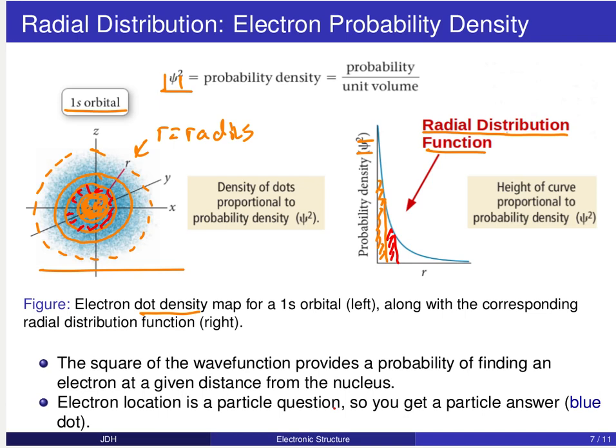So when we're looking at this probability density, notice that this function here, as I said, is exponentially decaying. But one of the characteristics of this exponential decay is that the function itself asymptotically approaches zero. If you remember back to your math classes, what that means is that this radial distribution function, this probability density, is getting closer and closer to zero, but it's never quite zero.